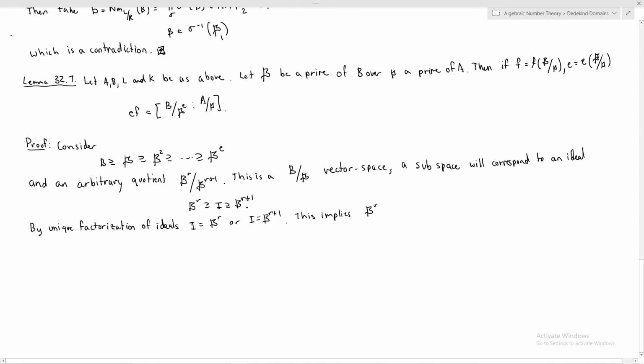If there are only two subspaces, then this is one-dimensional as a B mod P vector space.